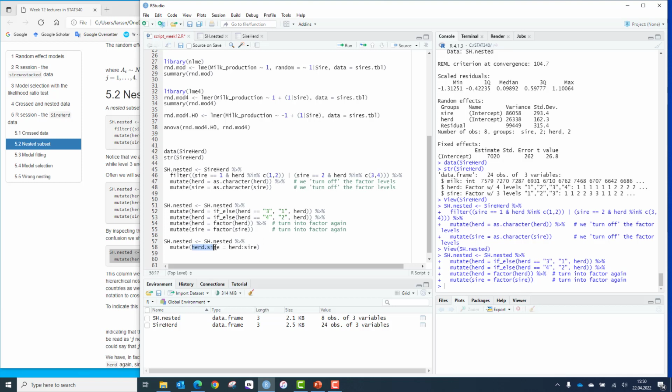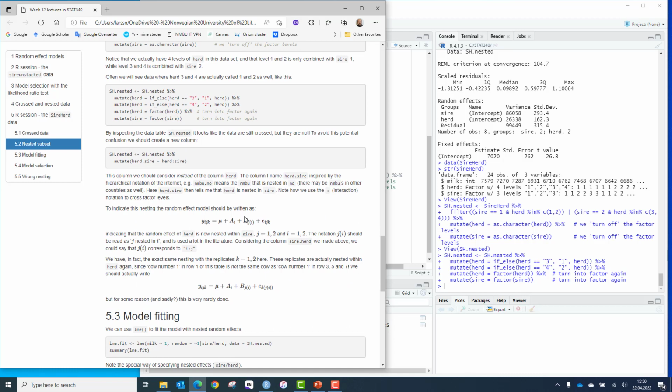So that's why I think that if we invented this notation for describing nesting today, this is how we would have done it. But instead we have this parenthesis notation that is used now, j parenthesis i, right?